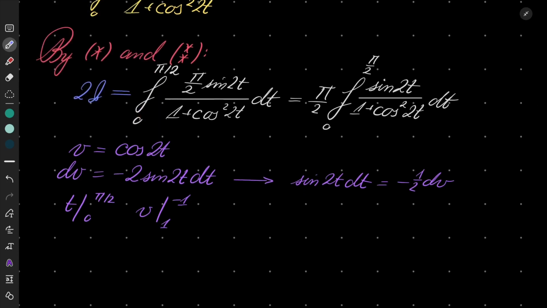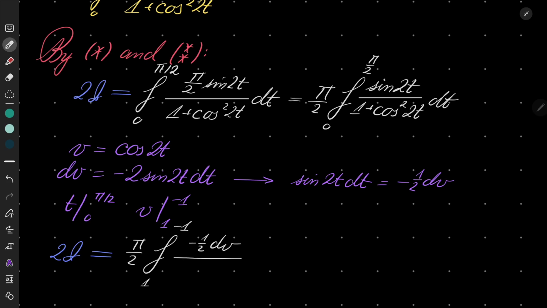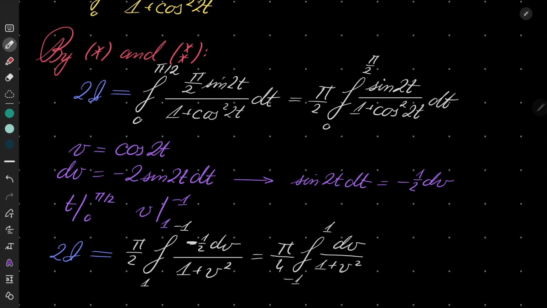So that means that 2 times our integral equals pi over 2 times the integral from 1 to minus 1 of minus 1/2 dv over 1 plus v squared. Very well. And now I can take this minus to change the bounds of integration. I can also put 1/2 in front, so I have pi over 4 times the integral from minus 1 to 1 of dv over 1 plus v squared.